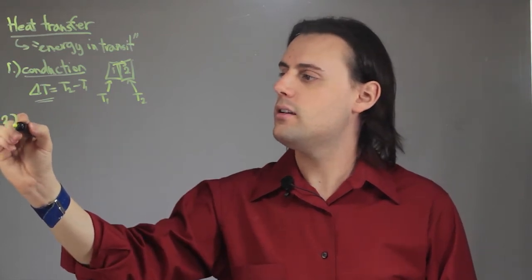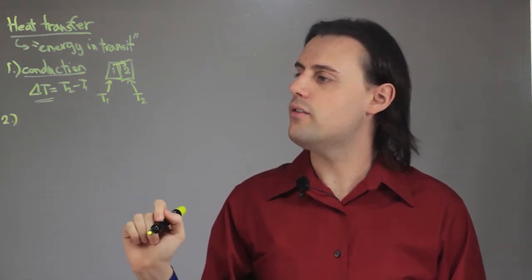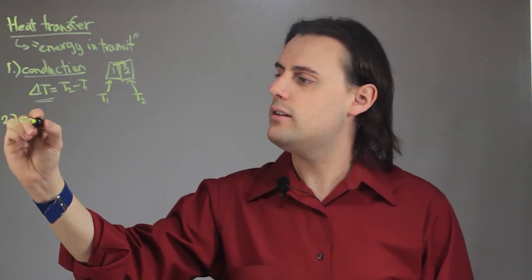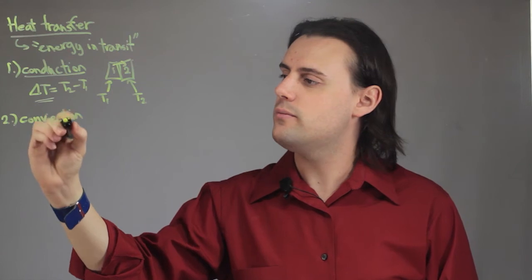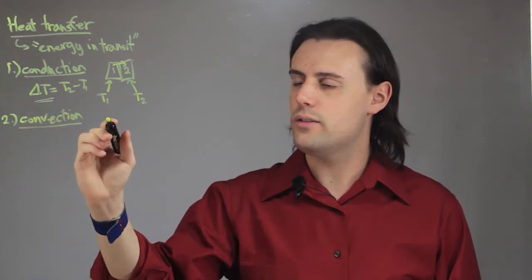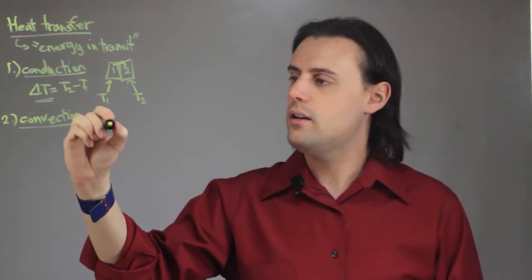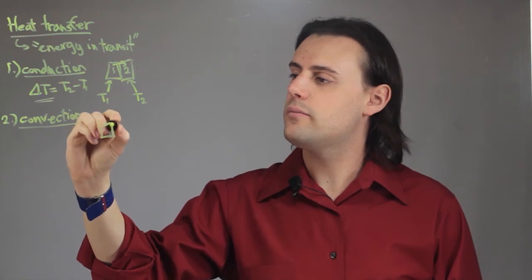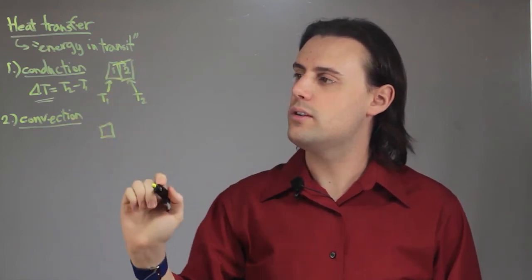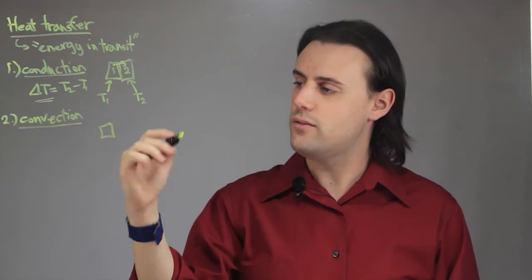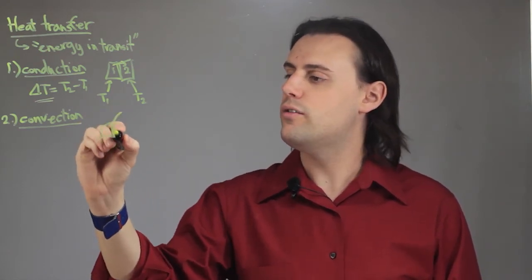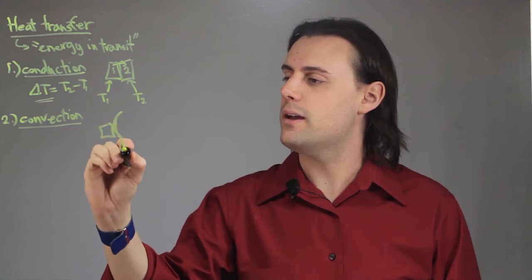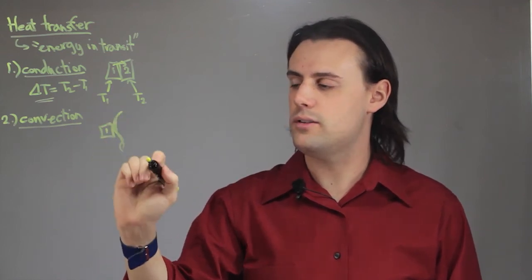A second type or method of heat transfer is that of convection. And convection involves, again, two materials, but here, instead of direct contact between these materials, convection, for example, can involve a fluid or liquid that makes contact with a material.